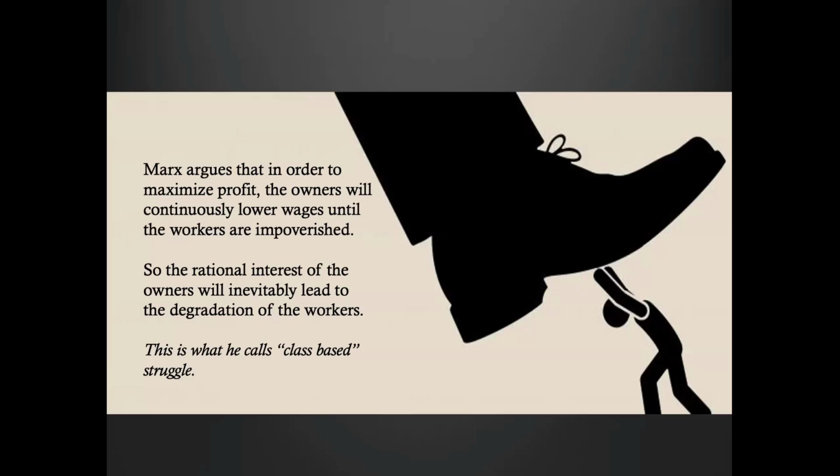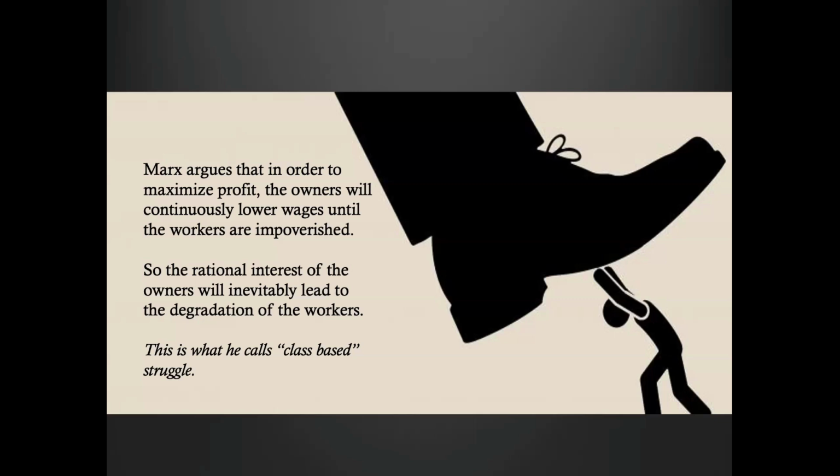And working conditions become more extreme. The intentions of the owners are irrelevant here because it's in the rational interest of owners to degrade the workers and oppress the workers and exploit the workers in order to make a profit.